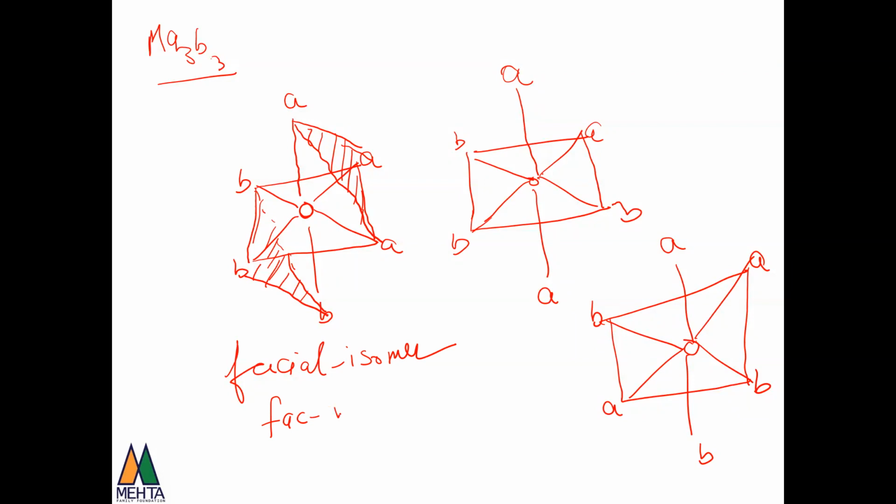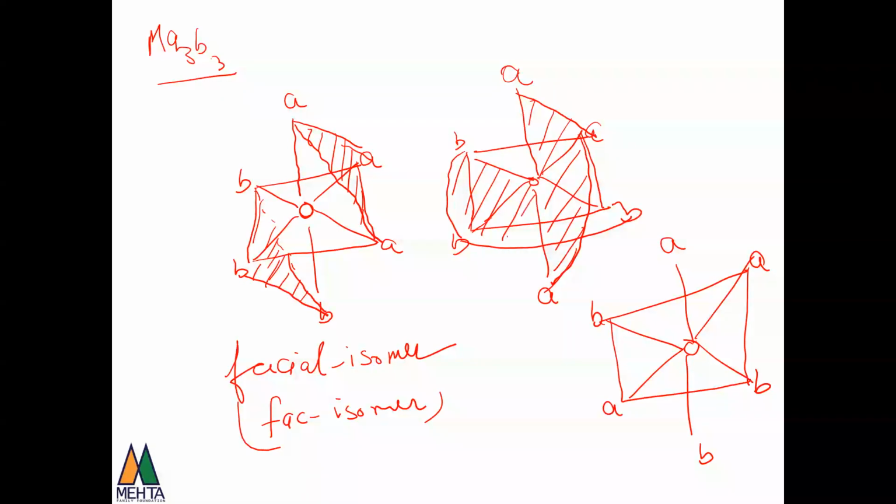Yeah, fac isomer, right? And in other scenario, if I join these three A, okay, one A is here, right, and other is here. So you are getting a semicircle, right? And if I join these three B's, you are getting other semicircle.